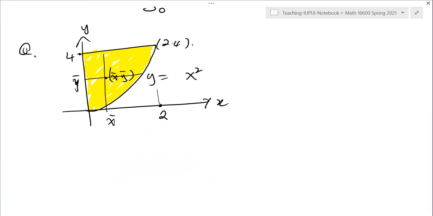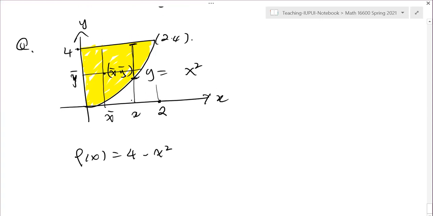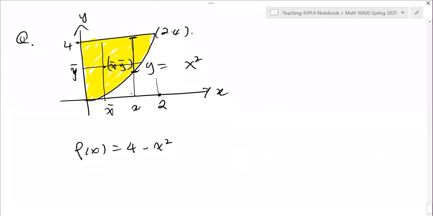Let's use our formula. At every point, if you want to integrate over the x variable, rho of x is going to be 4 minus x squared. That is the length of the line segment.